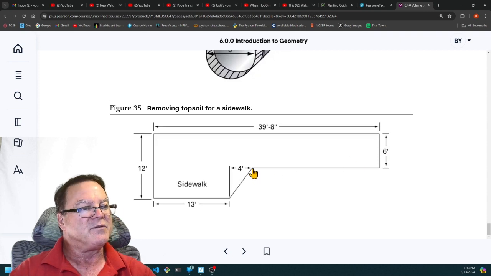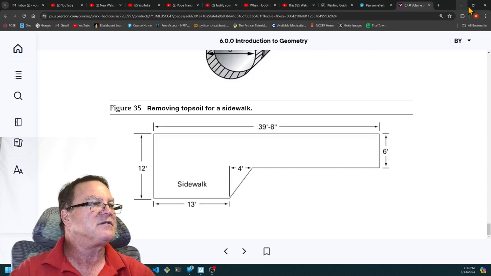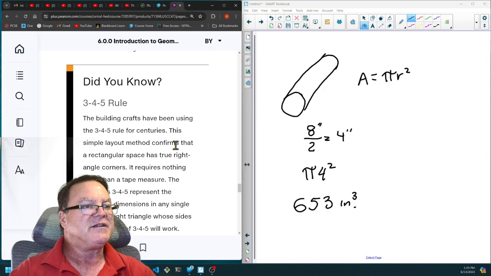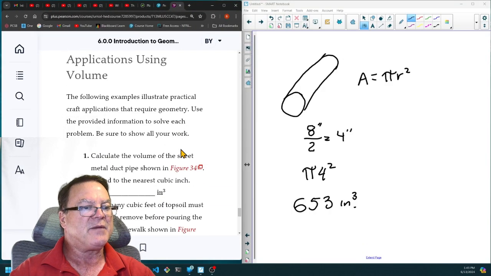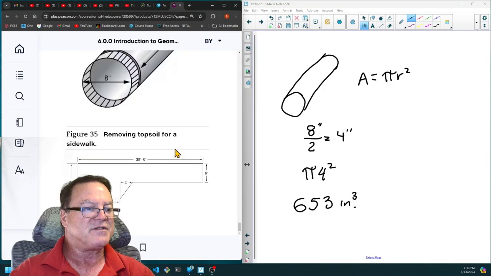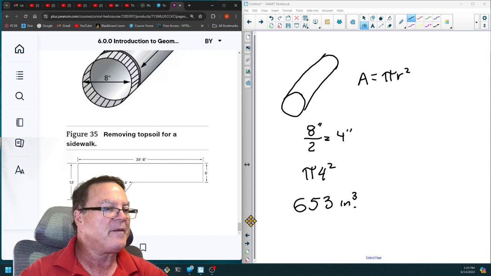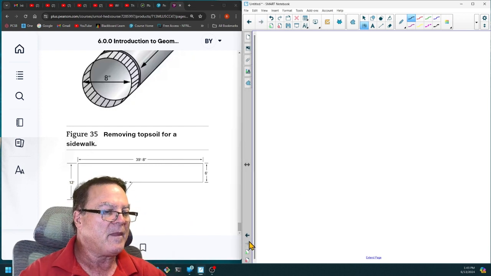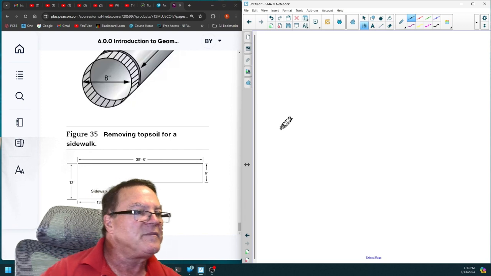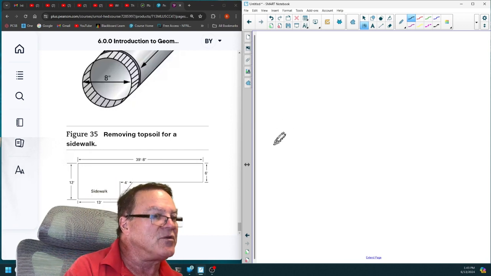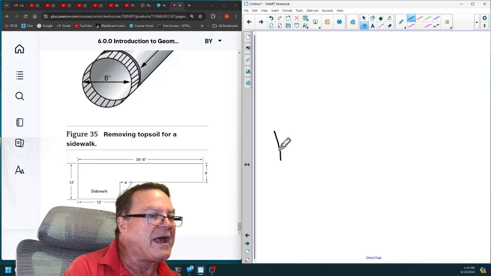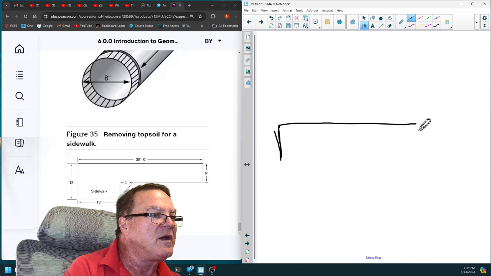So what I'm going to do is break this into 3 different shapes, 3 separate shapes. Let's take a look at these 3 separate shapes. Let's see how closely I can draw. Here's my sidewalk right here.